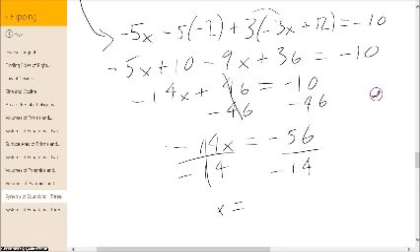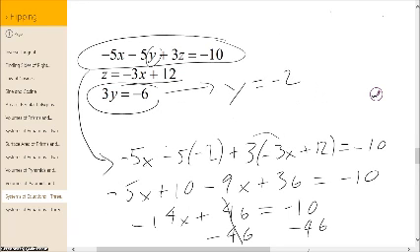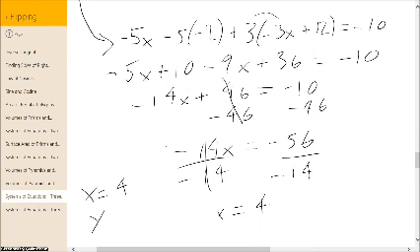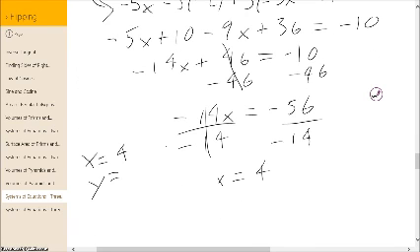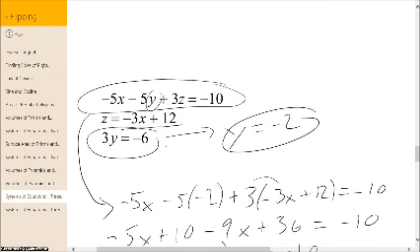I get x equals, well, this is just 4. 4 times negative 14 will give you negative 56. So now I know that x equals 4. Y, we already said going back up here, that turned out really nice, that y equals negative 2. And our z is equal to negative 3x plus 12.